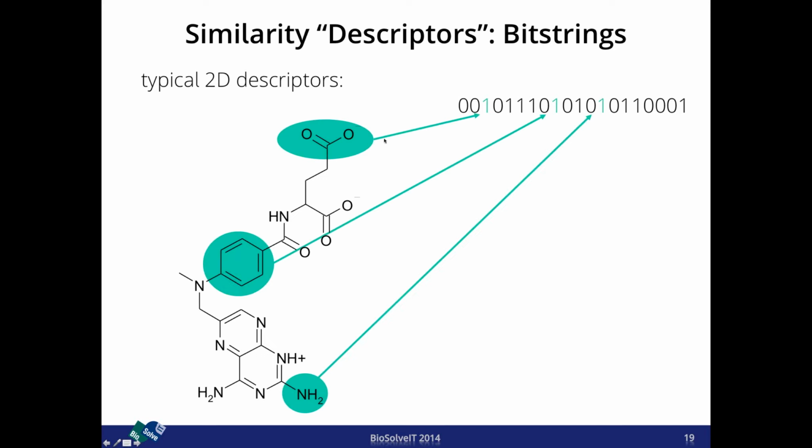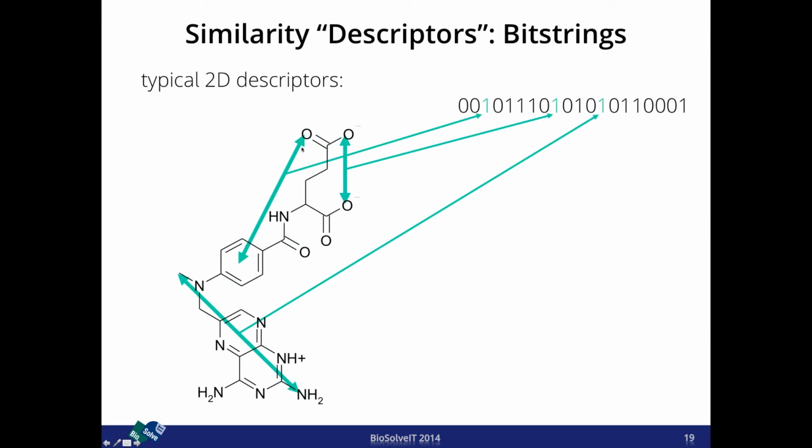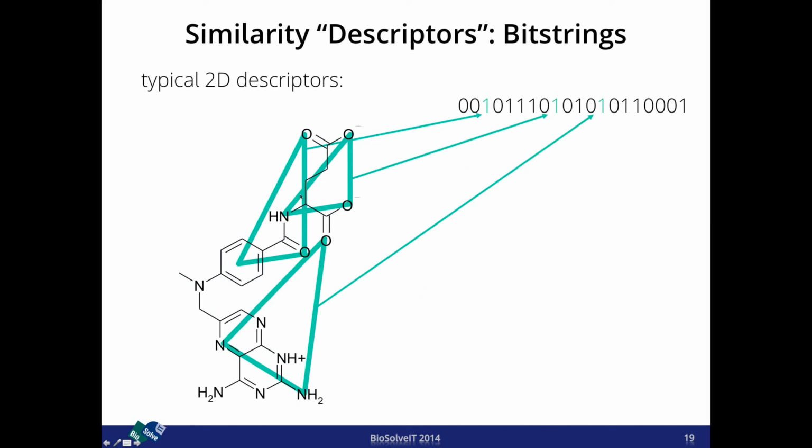For example, if I have a carboxylate function, then position 3 of my bit string will get a 1. If I have a phenyl ring, then positions 3, 4, 5, 6, 7, 8, 9 get a 1. Otherwise it gets a 0, and so on and so forth for amine functions, for certain subgraphs, for certain coexistence features, and so on.